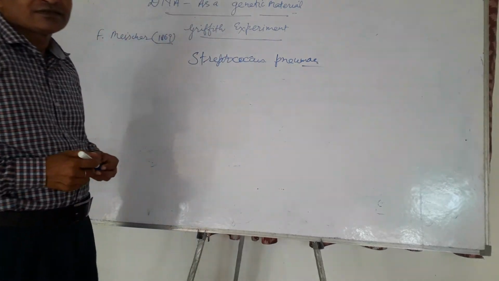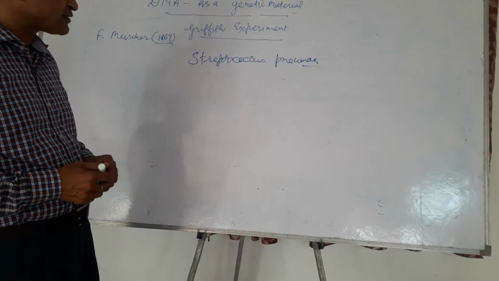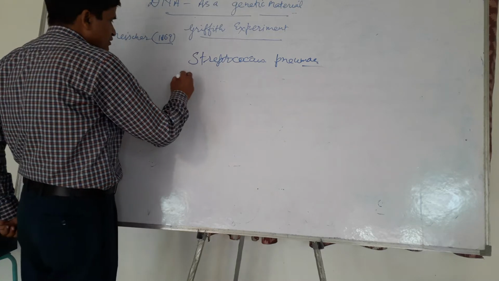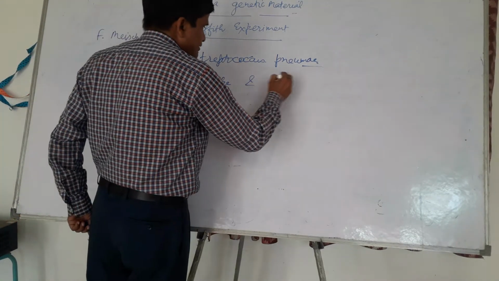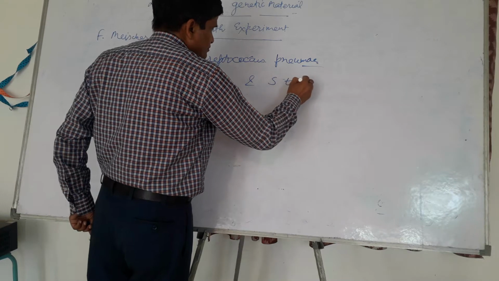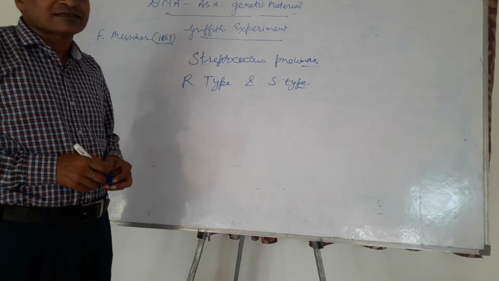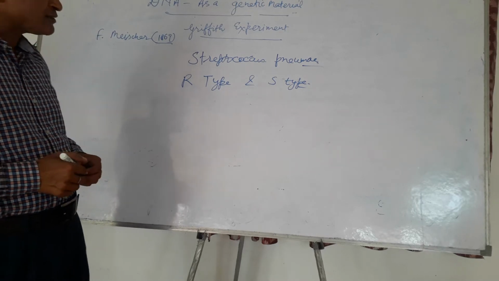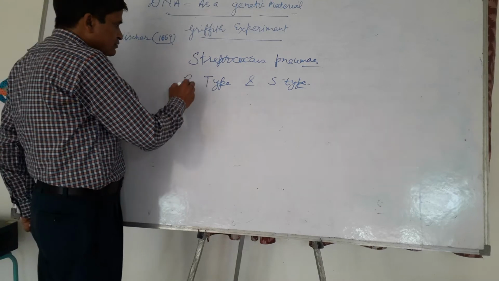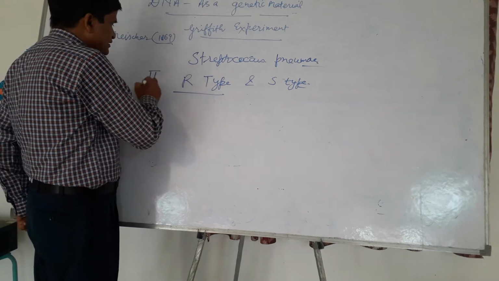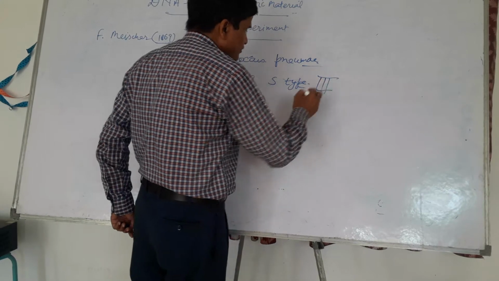This bacteria exists in different strains. Actually, pneumococcus bacteria exists in three strains, but Griffith utilized the second strain, that is R, and the third strain, that is S.